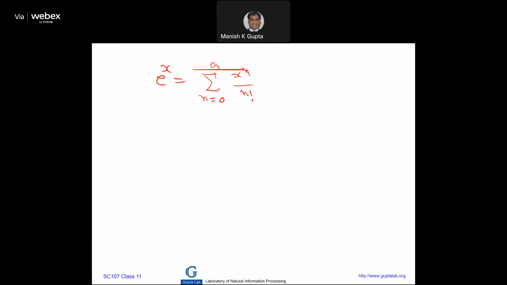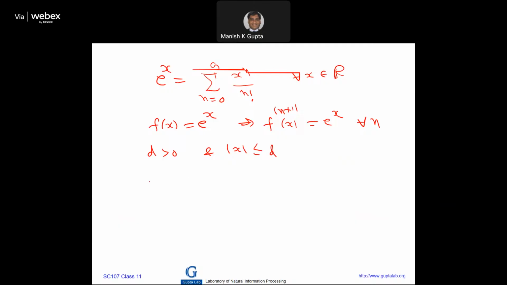I have to show that this is true for every x in R. So here f of x is e raised to x. This implies that the n plus 1th derivative of x will be e raised to x for every n. Suppose d is a positive number and mod of x is less than or equal to d. Then the n plus 1th derivative of x in absolute value, which is e raised to x, will be less than or equal to e raised to d for that fixed number, right?